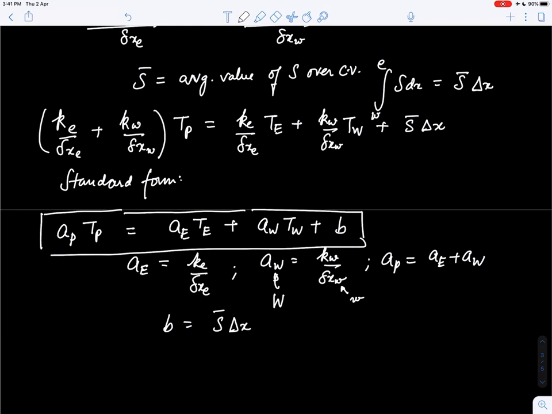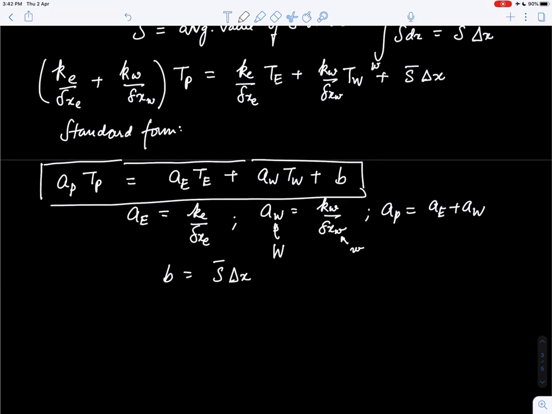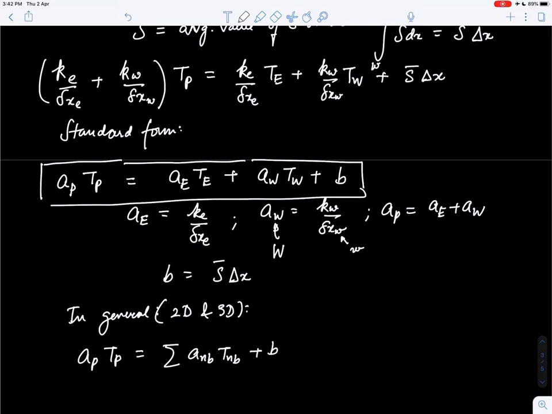So this becomes the general form or the working form of the equation that we will try and solve. Now in general, when we go to 2D and 3D analysis, the number of grid points or neighbors will increase, and so the general discretization equation, true for 2D and 3D, would look like a_P T_P equals summation a_nb T_nb plus b, where nb denotes the neighbor points.